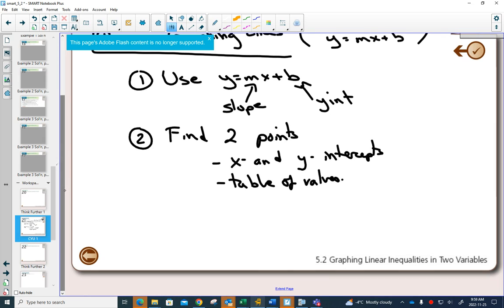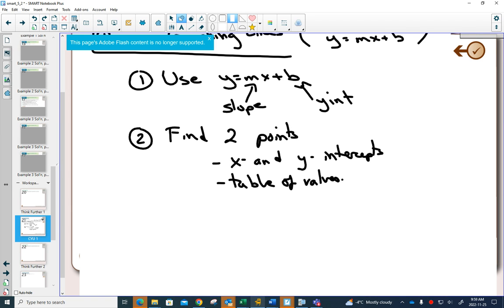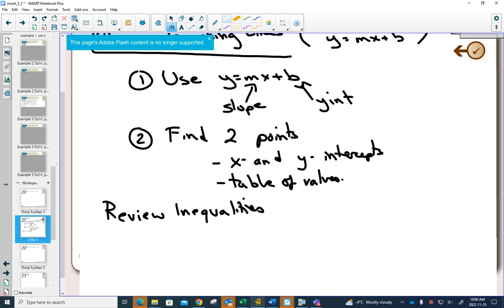Next review that I want to do quickly is a review of inequalities.